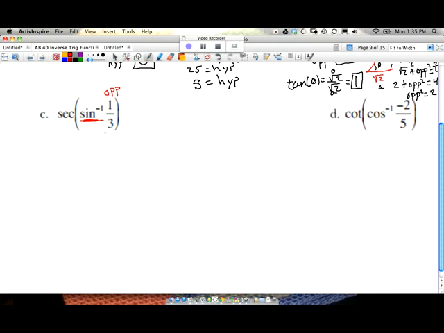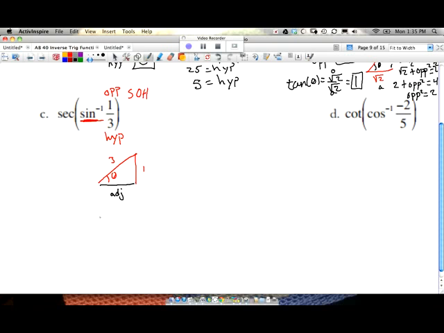Well, sine, the SO of SOHCAHTOA, means that 1 is our opposite, 3 is our hypotenuse, because it's opposite over hypotenuse. So opposite is 1, hypotenuse is 3. The question mark is that third side, because here's my theta. How do I find this third side? Well, I know it's the adjacent side.